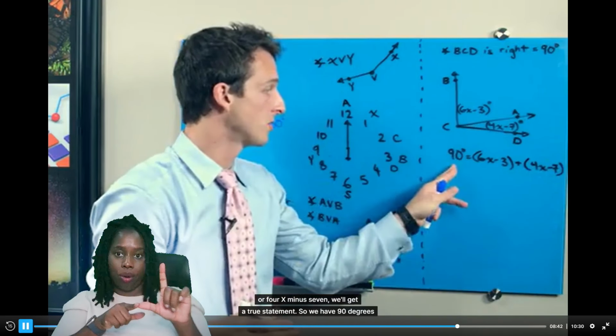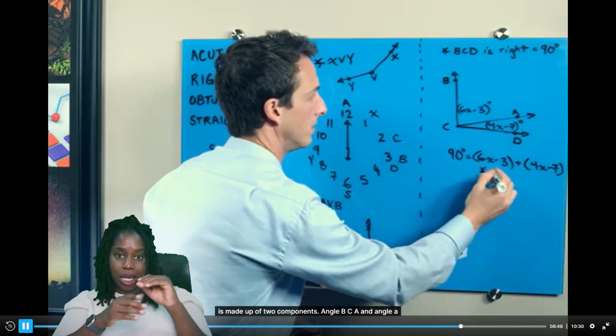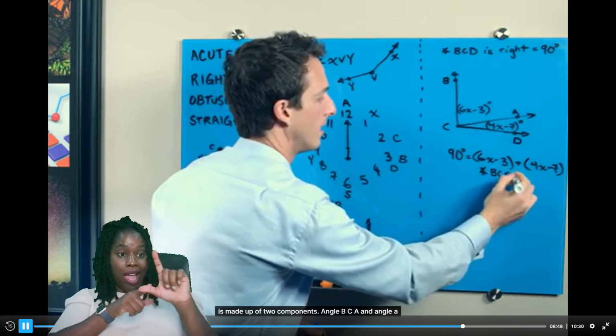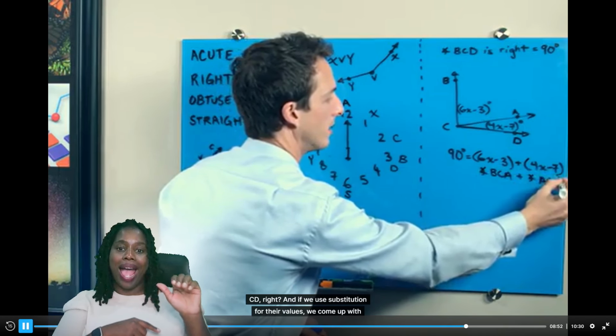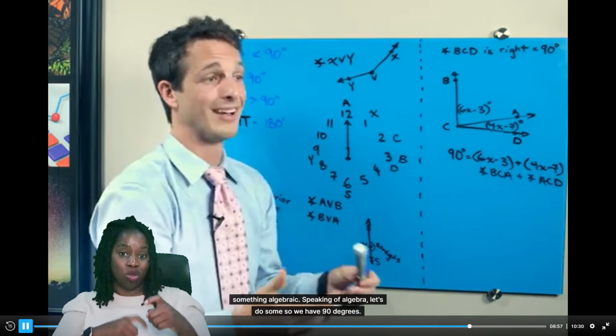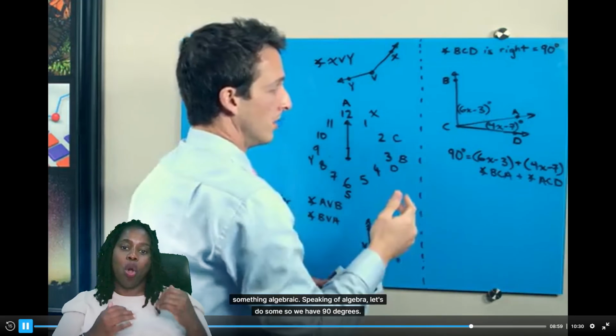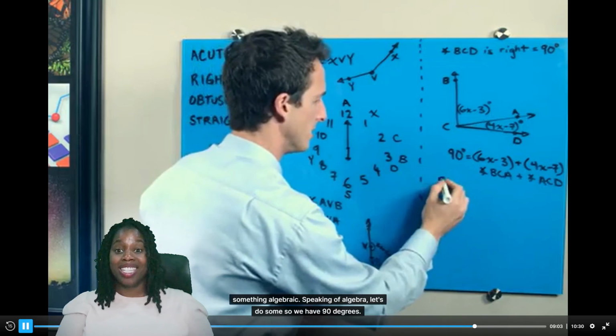So we have 90 degrees is made up of 2 components, angle BCA and angle ACD. Right? And if we use substitution for their values, we come up with something algebraic. Speaking of algebra, let's do some. So we have 90 degrees.